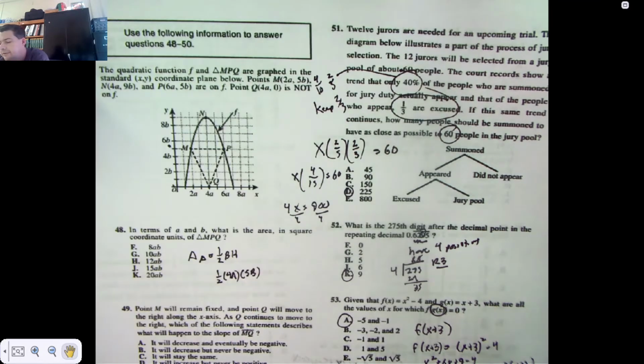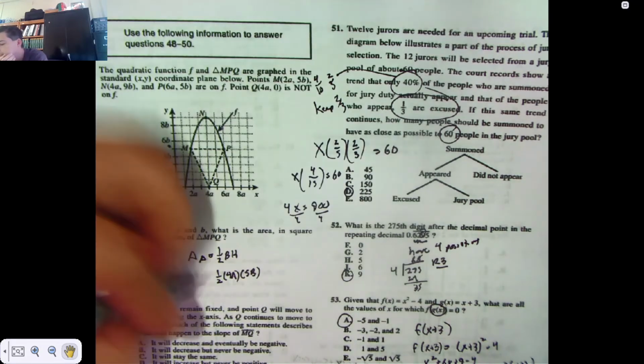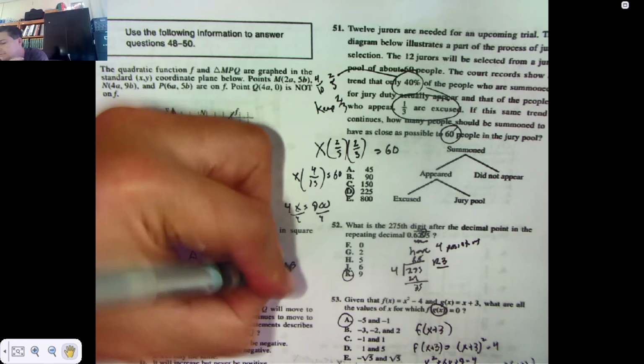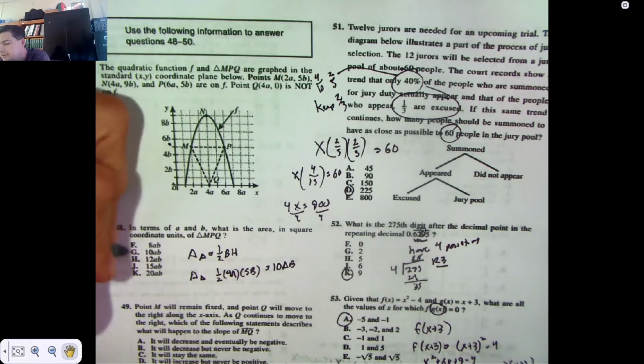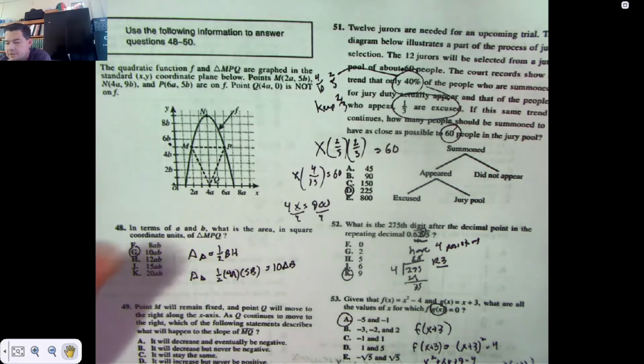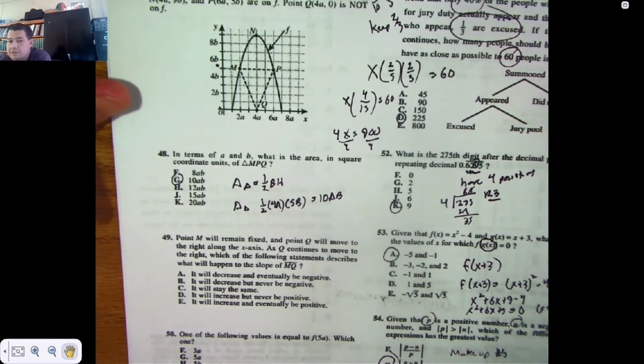Then we just do the math here. I mean, that's 10ab, isn't it? Like, obviously, right? It is obviously 10ab. 4 times 5 is 20. Half of 20 is 10. a times b is ab. So it's not that bad a problem. It's just they throw this funky notation at you. That's why kids usually say it's hard. They don't understand what's going on.